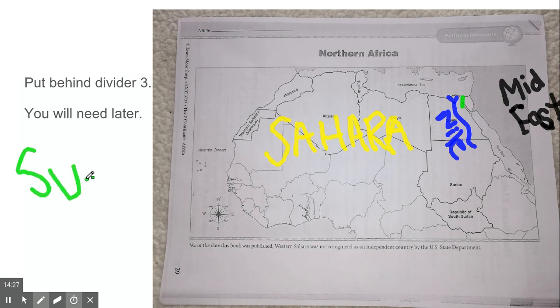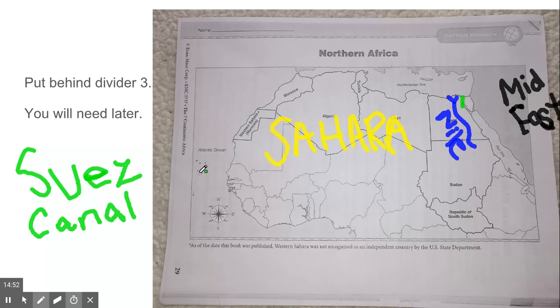Oh my gracious. What is its thing with E's? There. Suez Canal. I need a stylus, something bad. Okay, so what I have in green right there is the Suez Canal. So you can write it in pencil a whole lot easier than I can write it with this mouse.